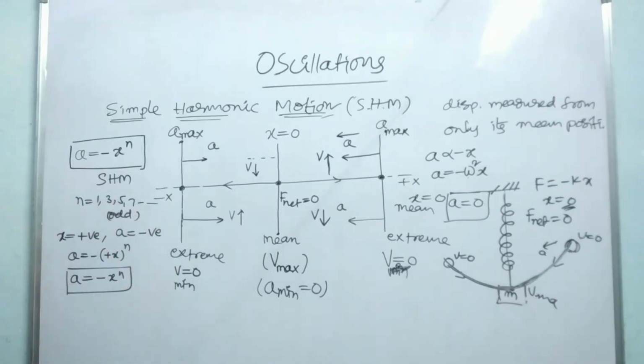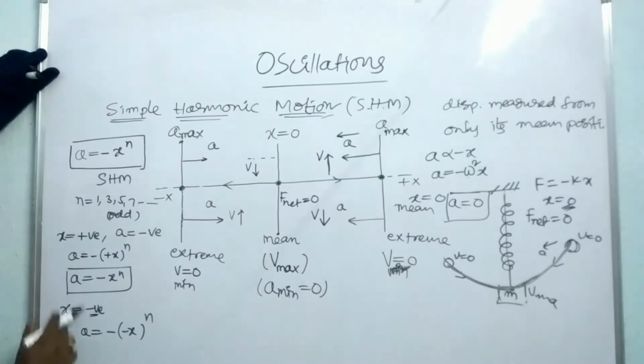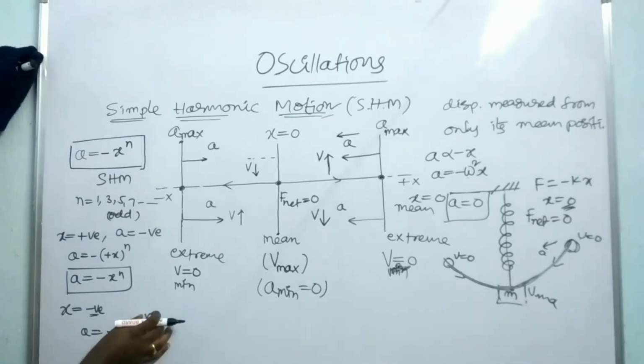Clear? Similarly, if x is negative, then a is equal to minus of x to the power n. So you have to take x as a negative value in this equation, minus x to the power n, where n is an odd number. So a negative number to the odd power is negative.